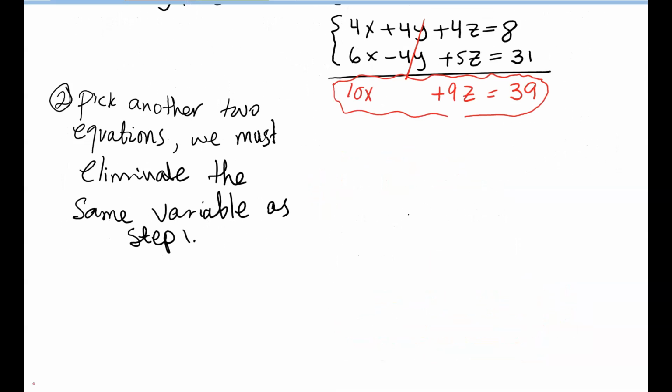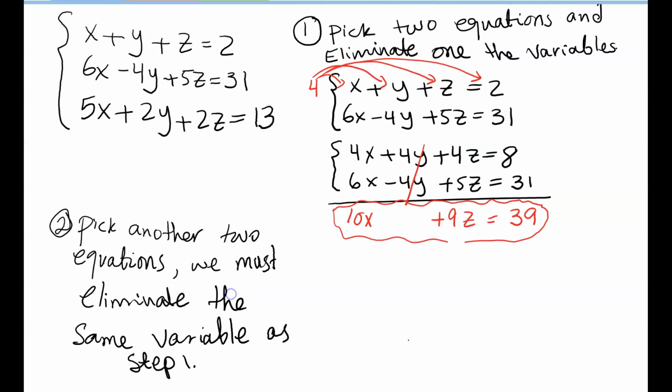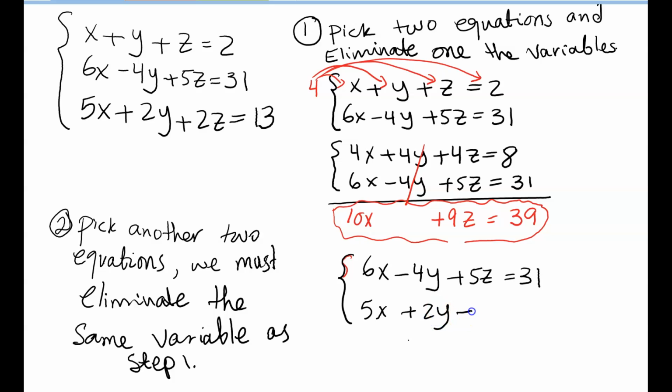In step 2, we're going to pick another 2 equations, and this time we must eliminate the same variable as in step 1. So in this step, I'm going to pick equation 2 and equation 3. It doesn't matter which 2 equations you pick. So here's 2 and 3: 6x minus 4y plus 5z equal to 31, 5x plus 2y plus 2z is equal to 13.